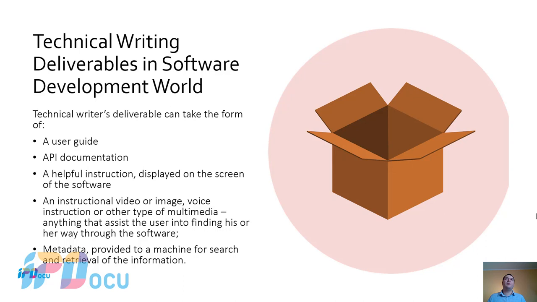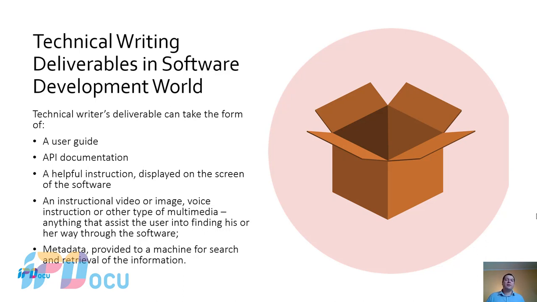Yes, it might be the most popular deliverable that is put out there and recognized by everybody around you, but this is not the essence and the most important deliverable of the technical writer. Actually, technical writers are supposed to handle different types of information, including the user guide.